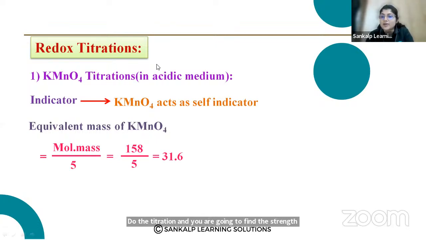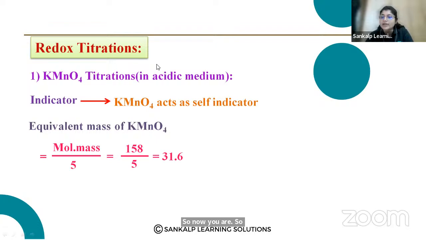In the same way, in redox titration, two solutions will be there, one known and one unknown. One will be an oxidant, one a reductant. We are going to find the strength of the unknown solution.